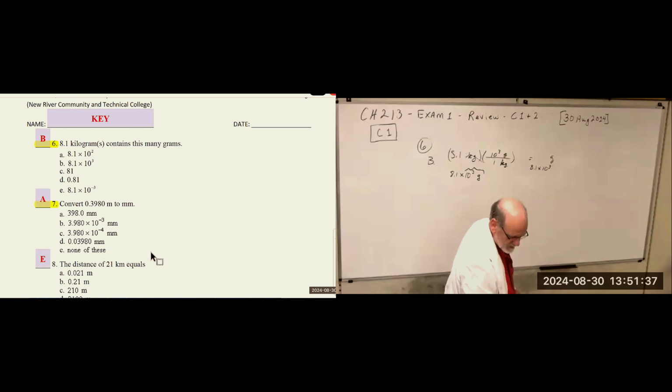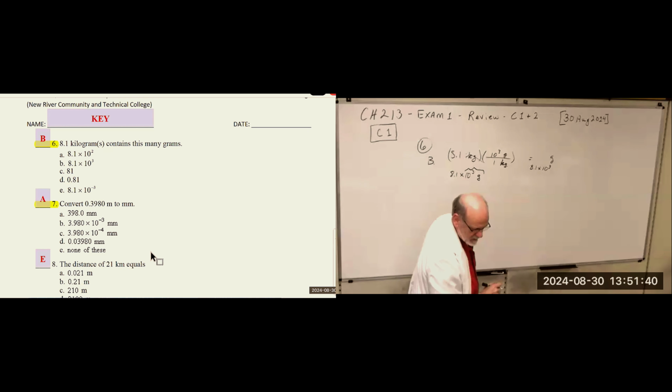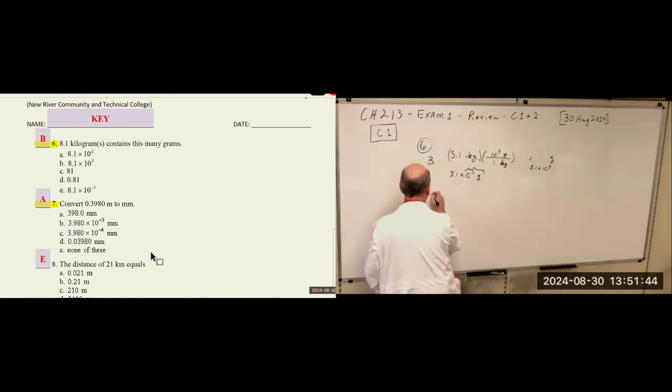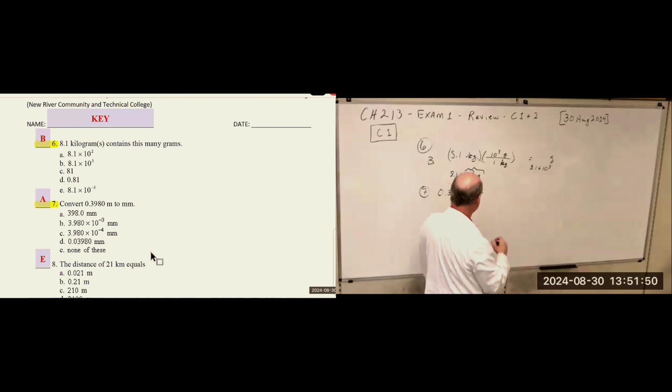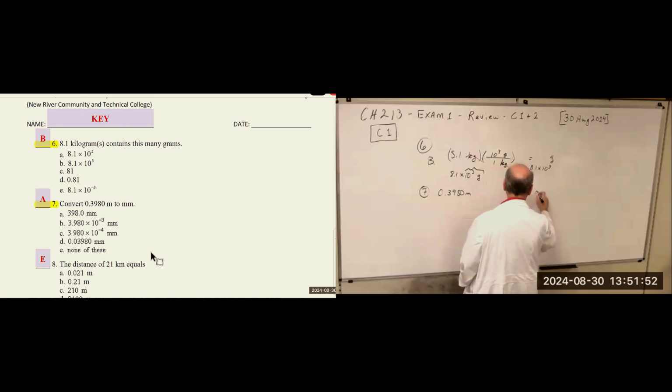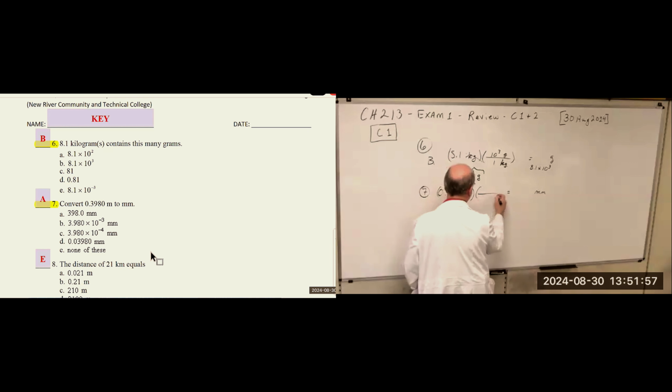And then we'll go ahead and do 7. 0.3980 meters is how many millimeters? So we need a conversion factor that will get rid of the meters and leave us with millimeters.